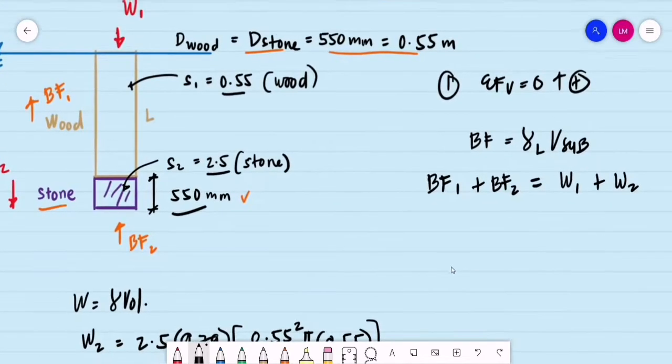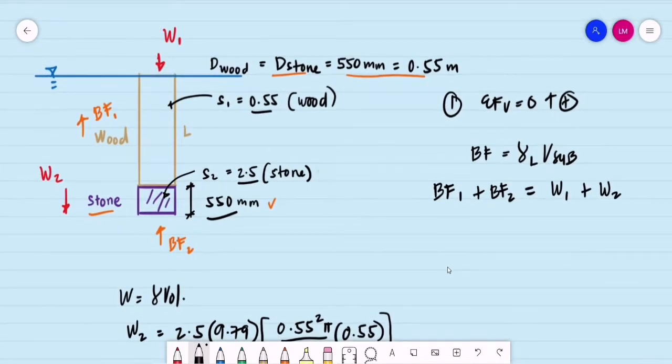So, buoyant force number 1, ay i-consider natin yung total volume ng wood in terms of L, yung length. So, gamma water, yung given dito is 9.79. Ayun yung gagamitin natin. Yung volume ng wood, diameter is 0.55 squared pi, this is divided by 4. So, the length, yun yung required in terms of L. So, this will be the volume of the wood.